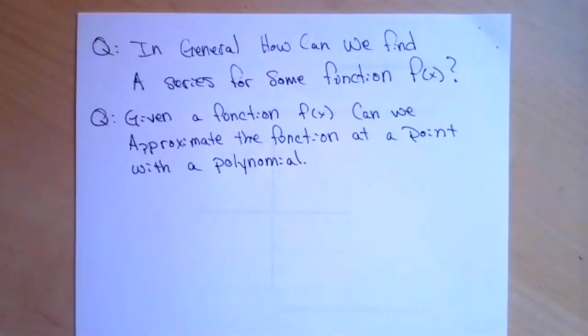As we just saw, polynomials are nice. We can even approximate a number like pi, which is not only irrational, it's a transcendental number. If you have to take higher math, you'll learn what that is.